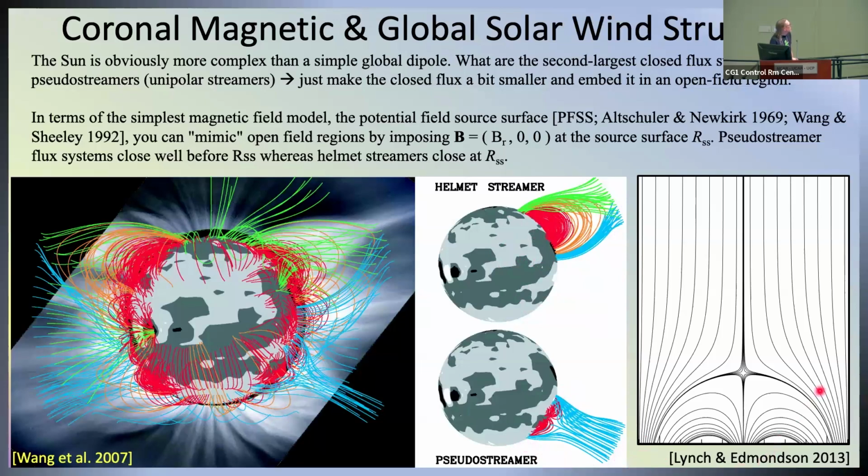So you've got this funny sort of flux distribution where this is positive and this is positive. And so there's no current sheet here. There's just some field lines. But there's this weird interaction boundary between the open field and the closed field. This is called a separatrix.